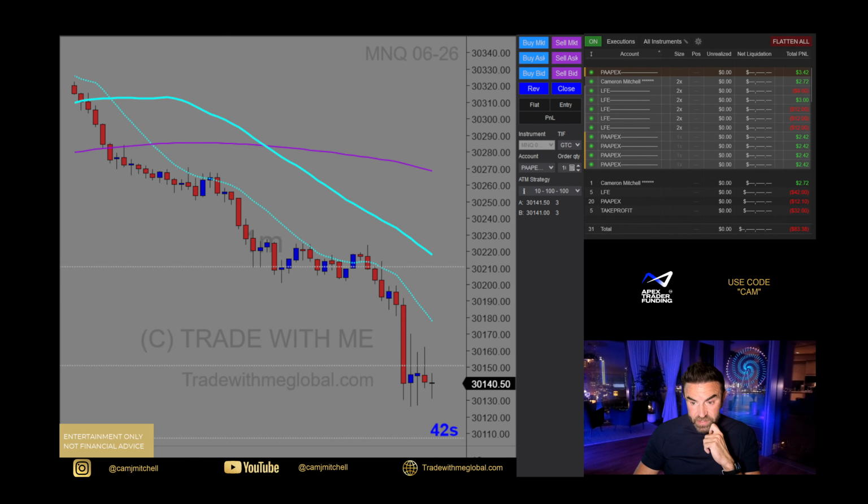Not too far off that next low, which is 31.10, so another 20 points. So you can see now, since the open, which is just the first bar, we've had just 4 minutes of sideways, 4 minutes of bars going nowhere. So that's good for the upside.